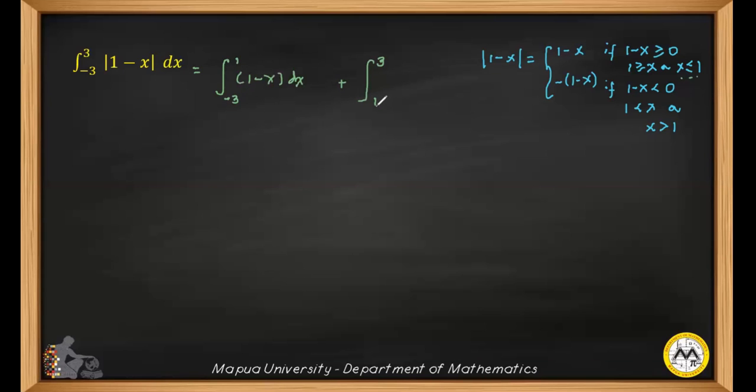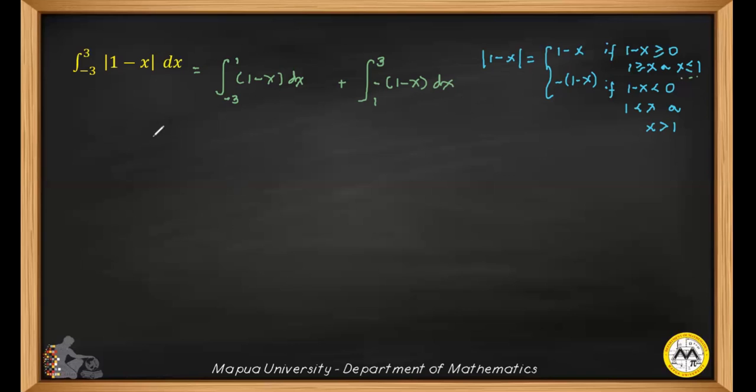This time, considering the integral from 1 to 3, we will consider values of x greater than 1. And when x is greater than 1, the absolute value of 1 minus x is negative of 1 minus x. So we have negative of 1 minus x times the differential of x.